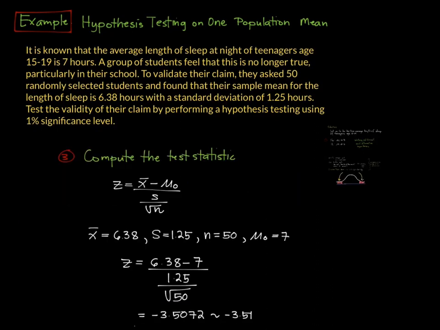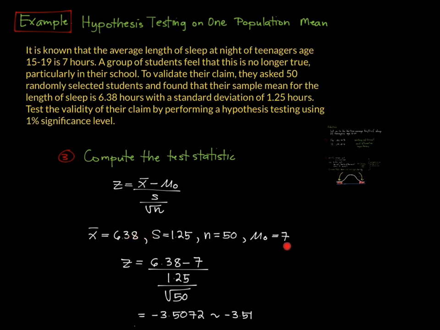Then we go to step number 3, and that is the computation of the test statistic. The test statistic that we are using here is the z based on the conditions that we have. Following the formula and the known values, the x bar is 6.38, the s is 1.25, the n is 50, and the hypothesized mean is 7.